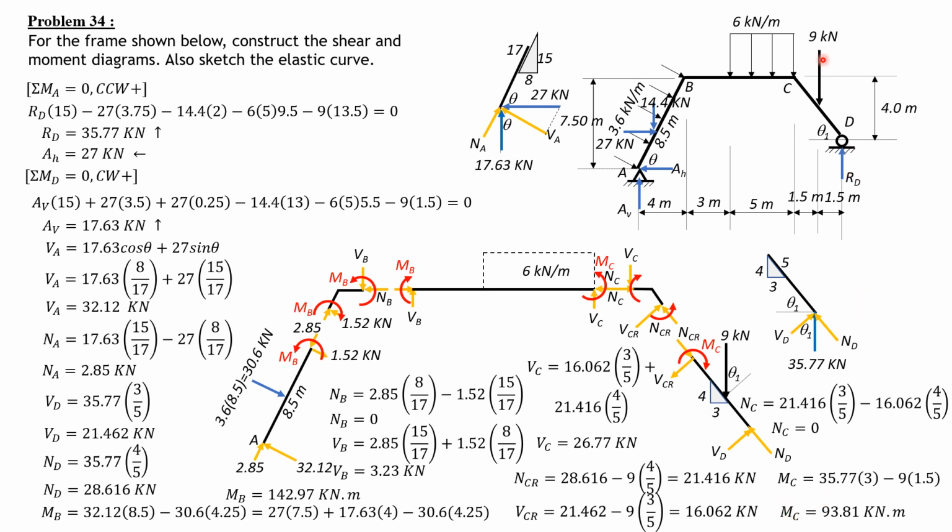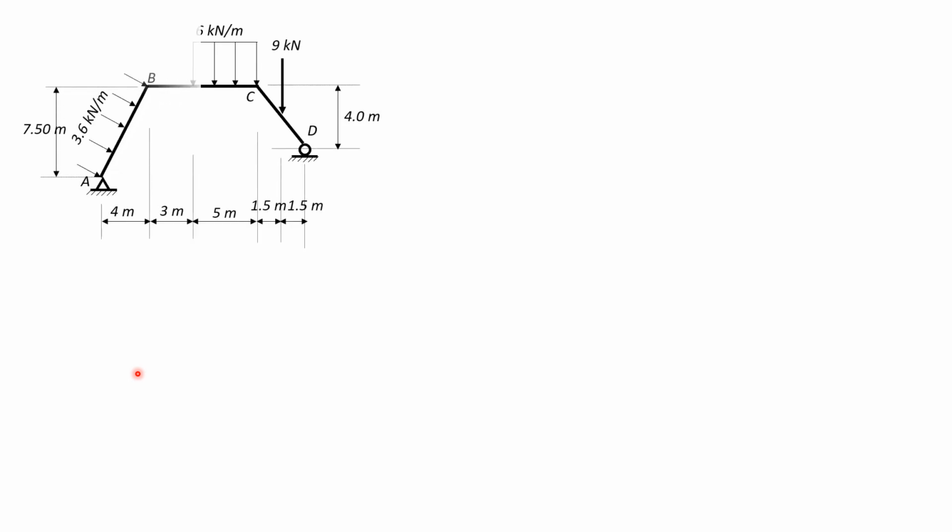Or I want you to compute the other way, which is V_D, 21.462 times 5, then minus 9 times 3/5 times 2.5. So the result should be the same, 93.81 kilonewton meters.